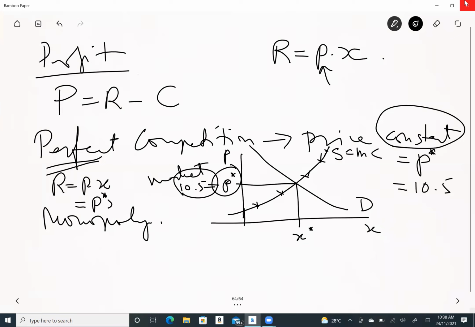It is a linear function. So for perfect competition, the revenue is just a linear function.